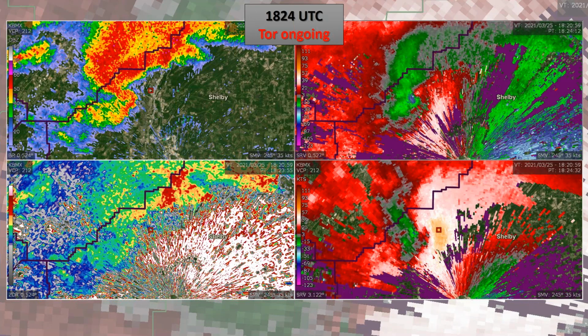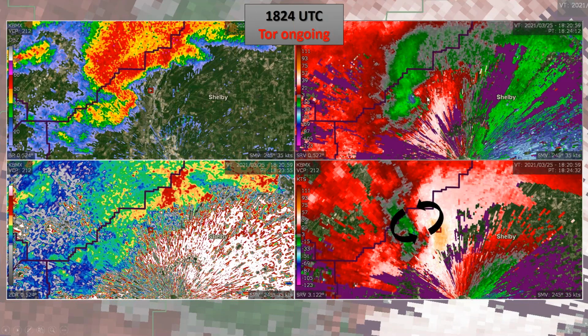But you'll note the orientation to the radar, which is a little bit off the image here in each of these cases. You can see it show up better in the velocity. But the radar is located more southeast of where the supercell is now.